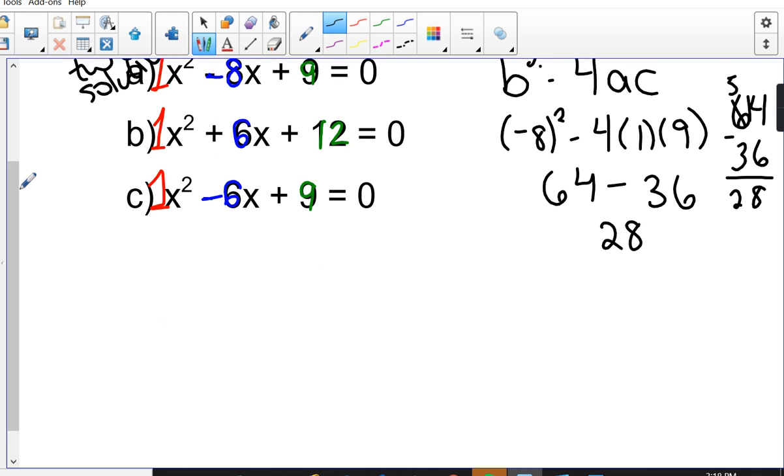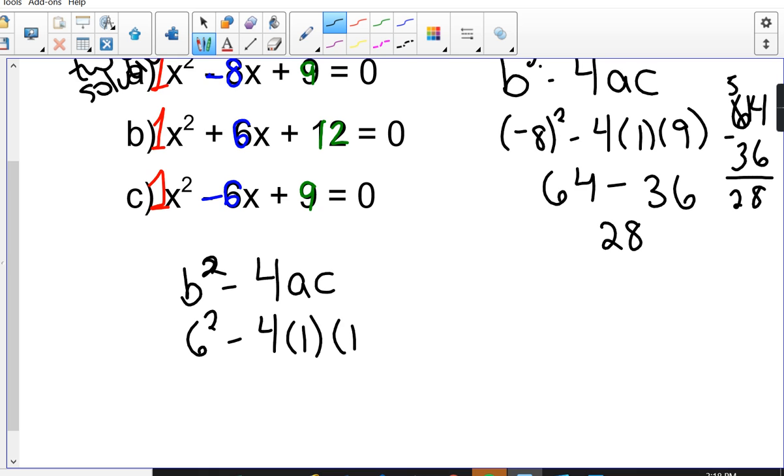So let's try choice B. Again, we're going with b squared minus 4ac, the discriminant, and we're trying to see if choice B is the correct option. So b squared, b is 6, so that's 6 squared minus 4 times a, which is 1, times c, which is 12. So that 6 squared is 36. 4 times 1 is 4. 4 times 12 is 48.